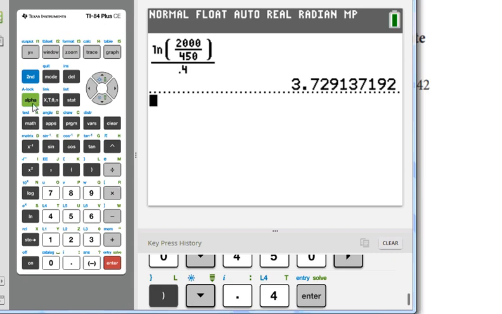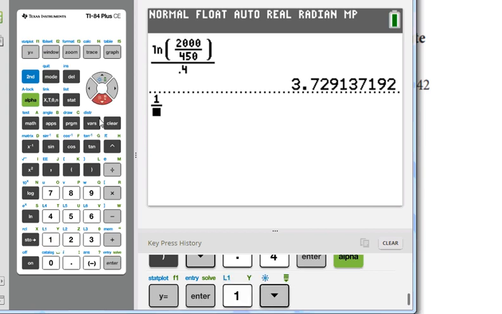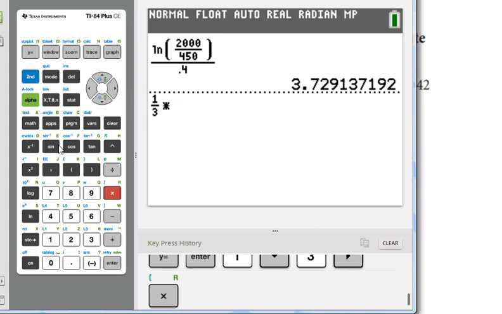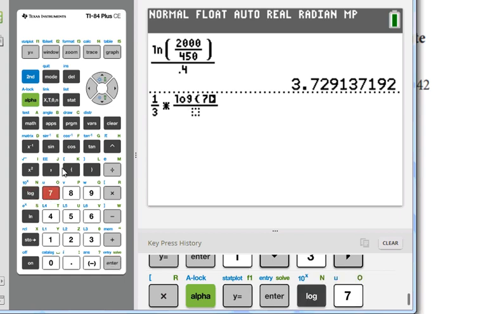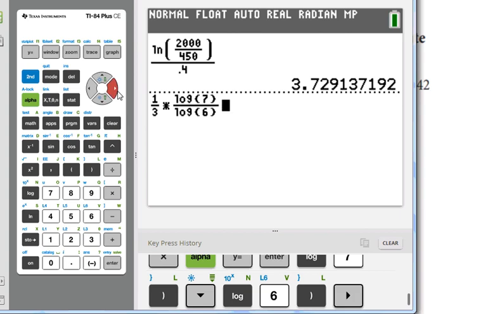So we have 1/3 times log 7 over log 6, and then we add 3.